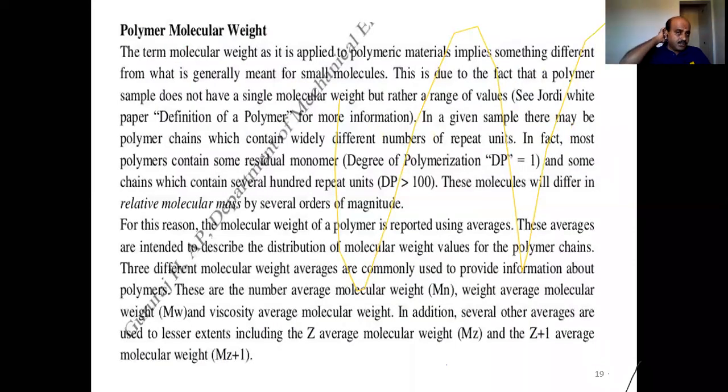This is one important thing: polymer molecular weight. The term molecular weight, as it is applied to polymer materials, implies something different from what is generally meant for small molecules. Polymers are a different category of materials.